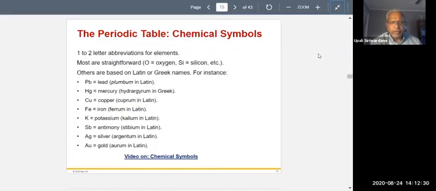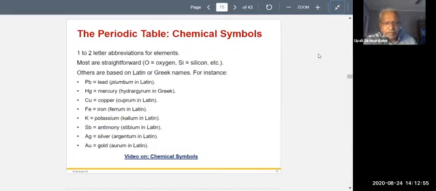Others are based on Greek names. Lead should have been Le or something if you use the English name, but lead's Latin name is plumbum. Therefore, it's called Pb.